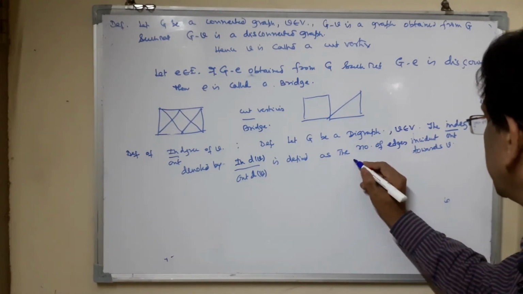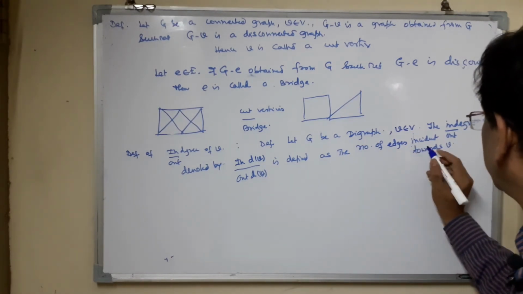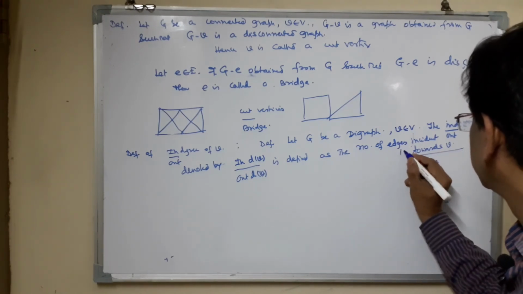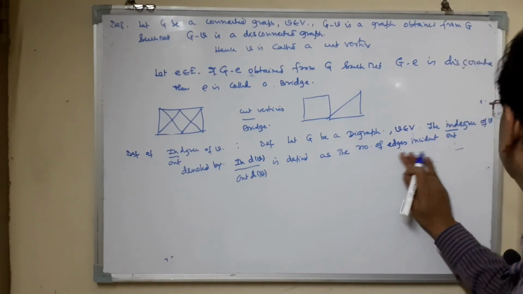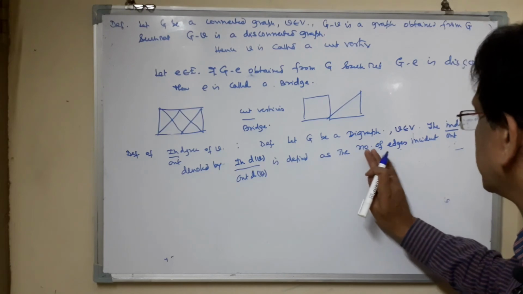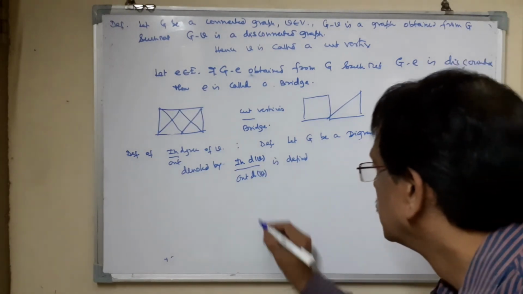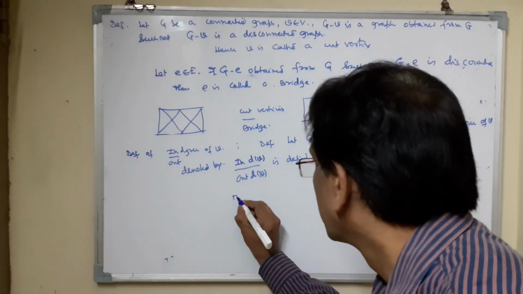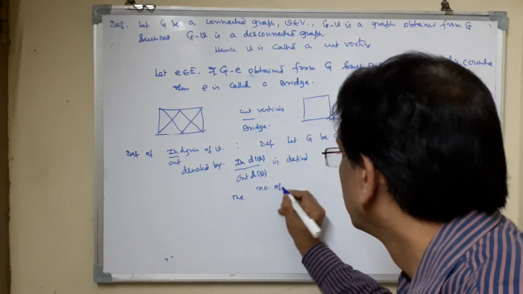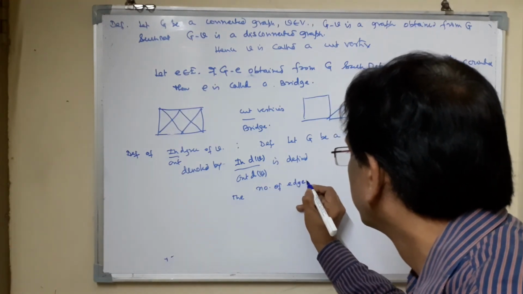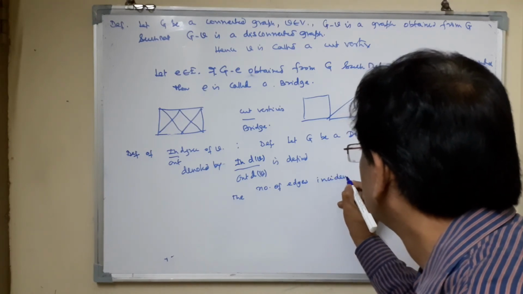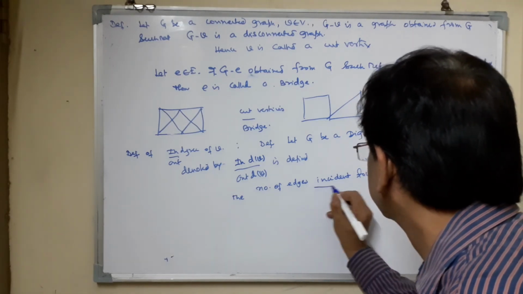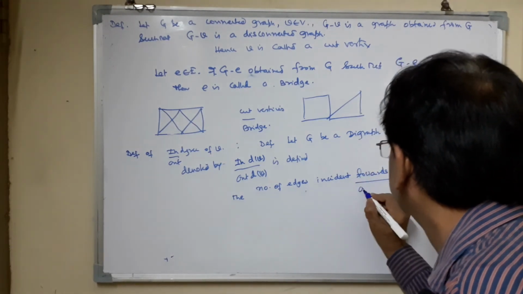Out degree is the number of edges incident outwards. This is inwards. I'll write down the in degree is defined as the number of edges incident towards v, and out degree the number of edges incident outwards from v.